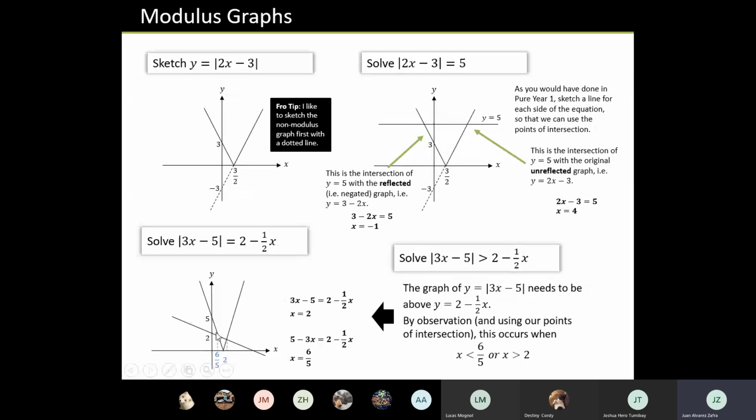And so we can see the modulus function is above the straight line when x is less than 6/5 or when x is greater than 2. Okay, so you solve inequalities much the same way as you solve equalities, but you have an extra step at the end where, having found these critical points where they're equal, you then try to work out which side or sides you have the inequality.